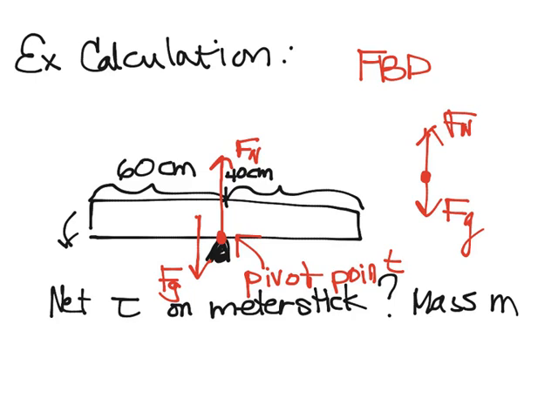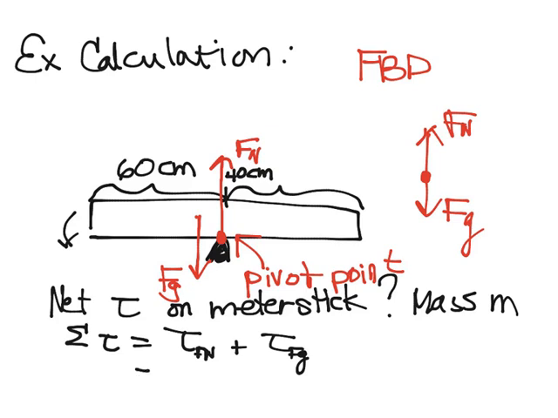Okay, so if I want the total torque on the meter stick, then I'm essentially adding up all the different torques, and that's going to be the torque from Fn plus the torque from Fg.